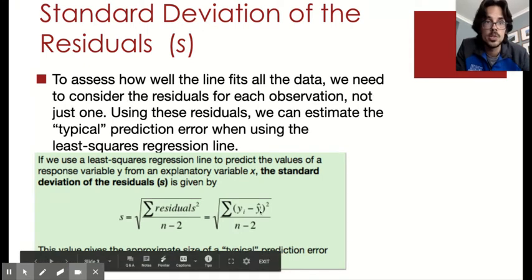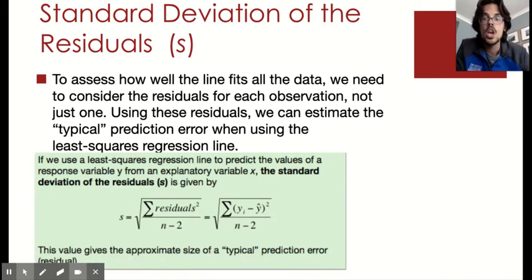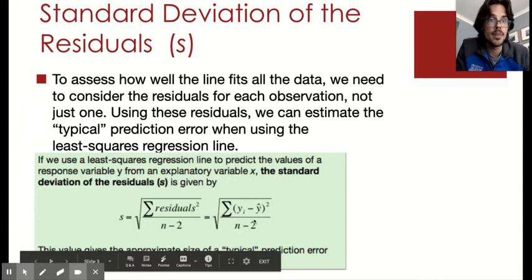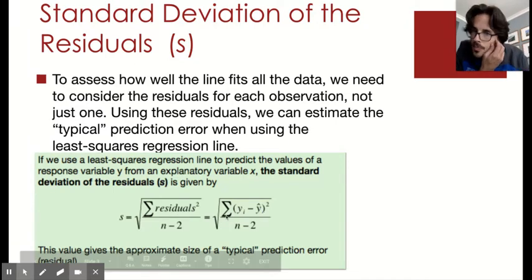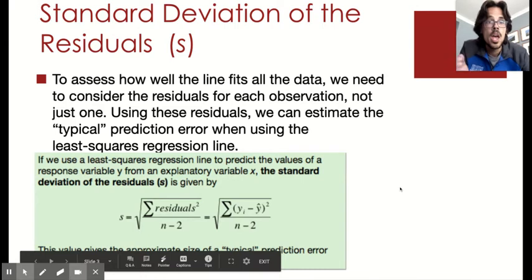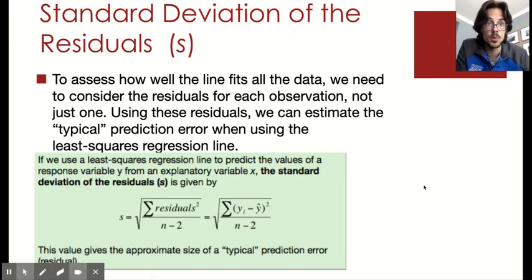You're going to take your residual, square it, that way they're all positive quantities and the positives and negatives don't wash each other out. You're going to add them up. You're going to divide by n minus 2 instead of n minus 1. It's a two-variable problem, so there's more reason than that, but you don't really need to know why. And then at the end of the day, we take a square root. So this very much mirrors the process we used in chapter 1.